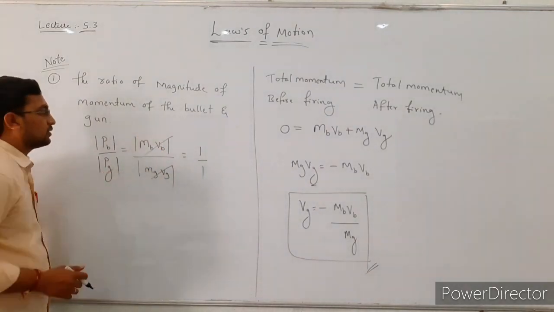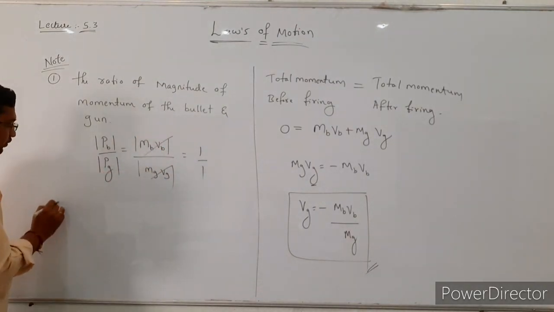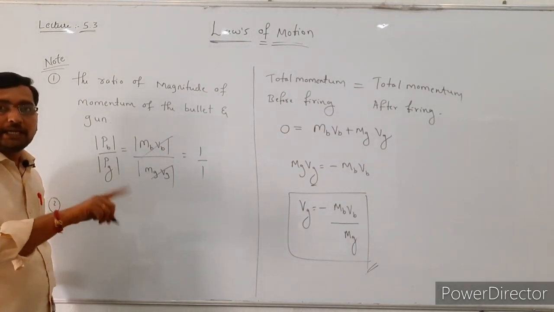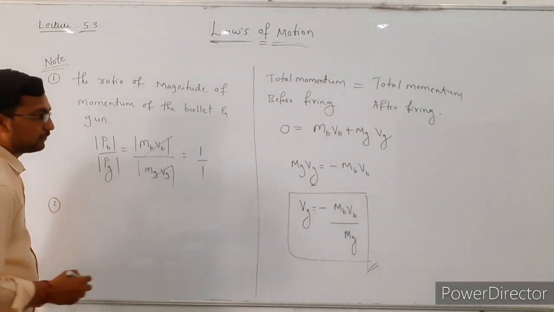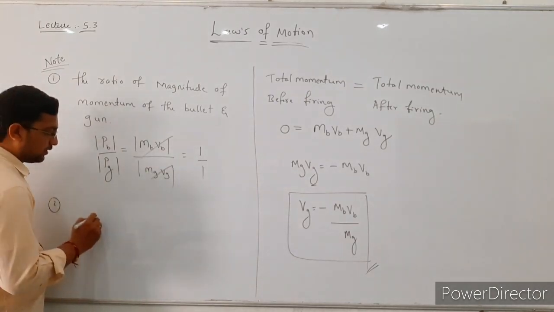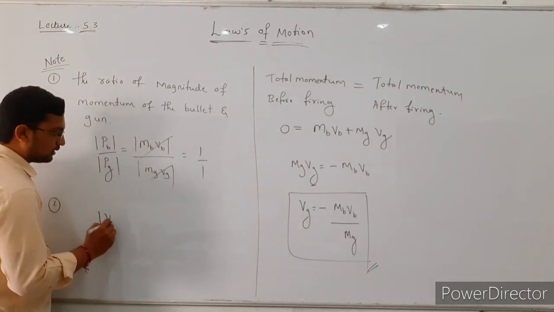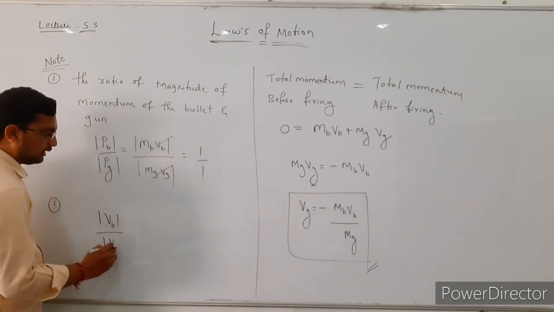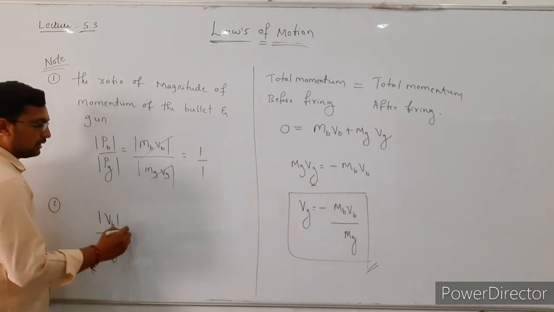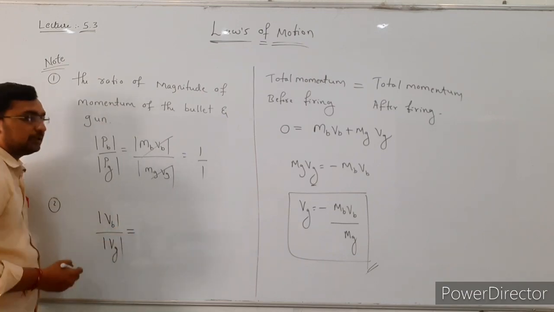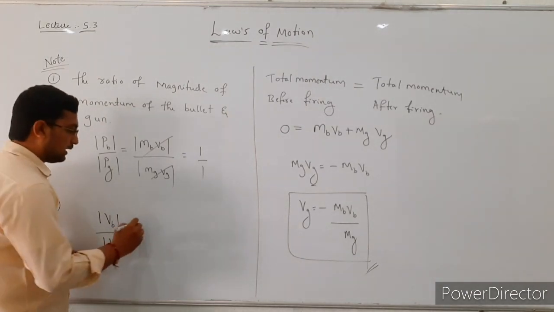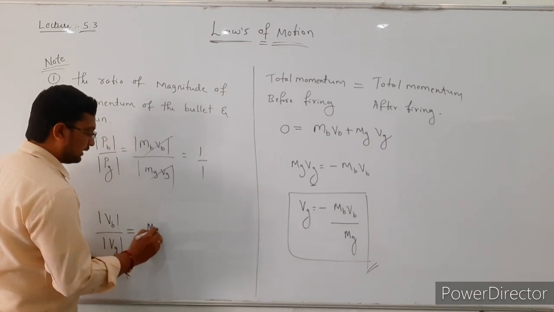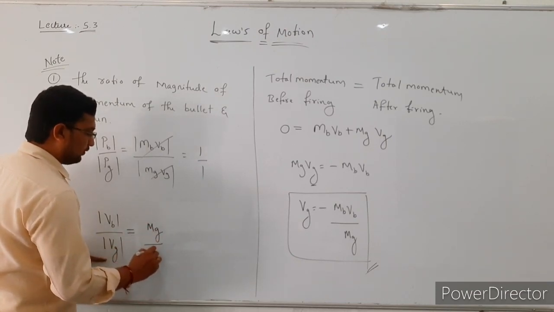And the second one, the ratio of the velocities of the bullet with respect to the gun. From this relation, the ratio of the magnitude of the velocity of the bullet with respect to the magnitude of the velocity of the gun is equal to the mass of the gun by mass of the bullet.